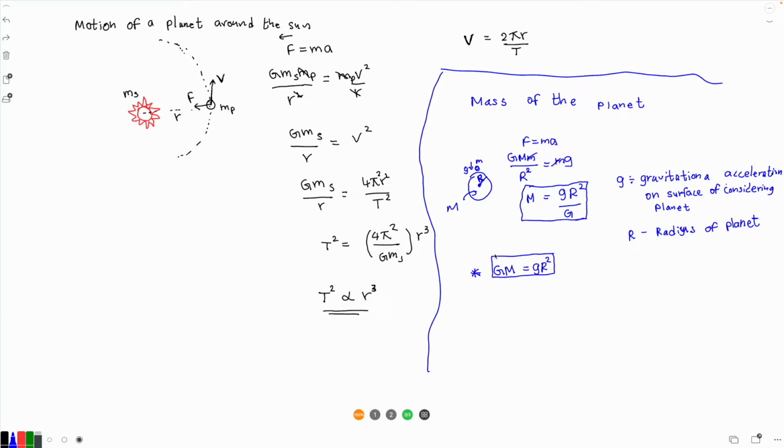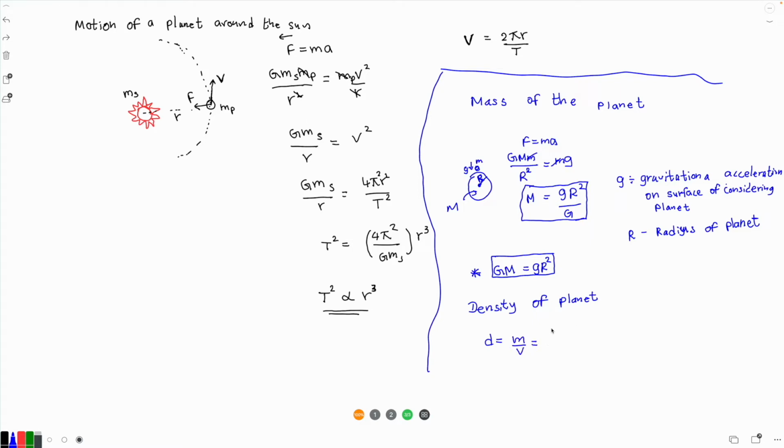So we found the mass of the planet, and we can find the density of the planet also. When I'm considering the density of the planet, I'm going to take density as rho. Density is mass divided by volume, right?